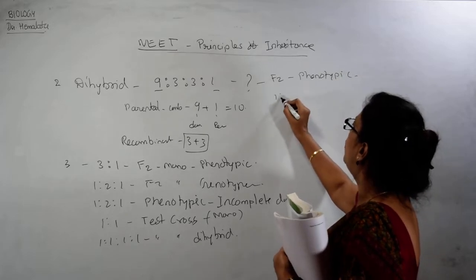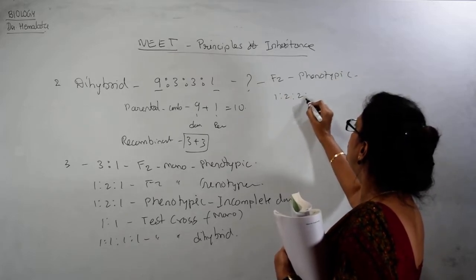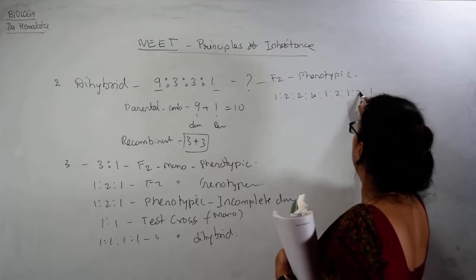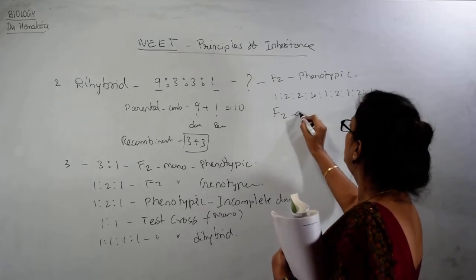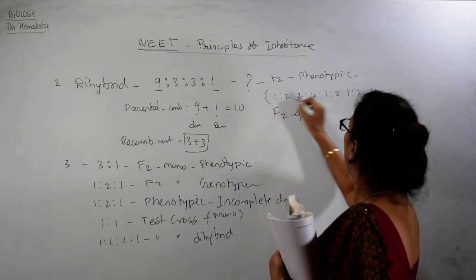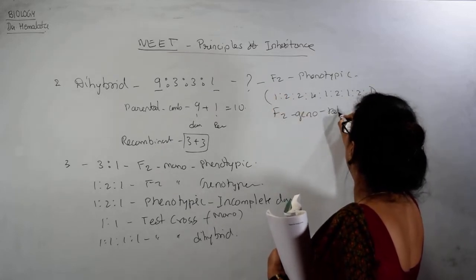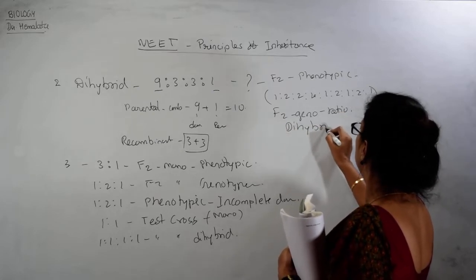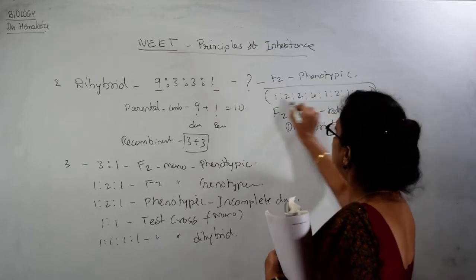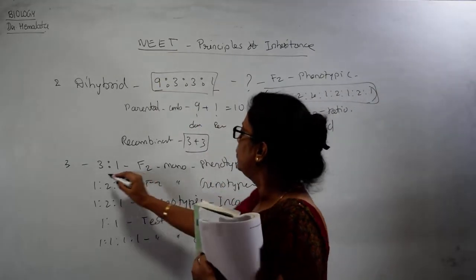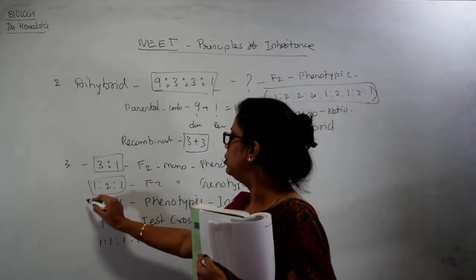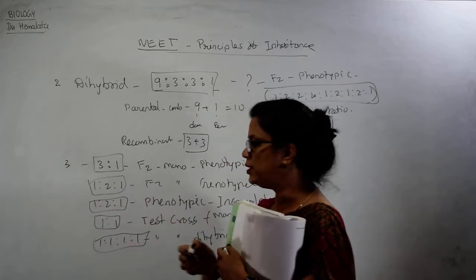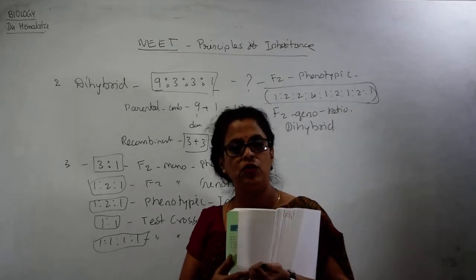But if you get 1:2:2:4:1:2:1:2:1, this is the F2 genotypic ratio of a dihybrid cross. So all these ratios you remember. All these ratios should be in your mind all the time.